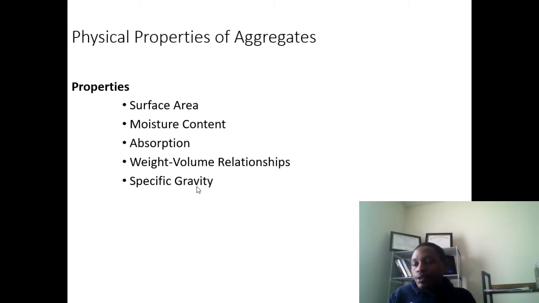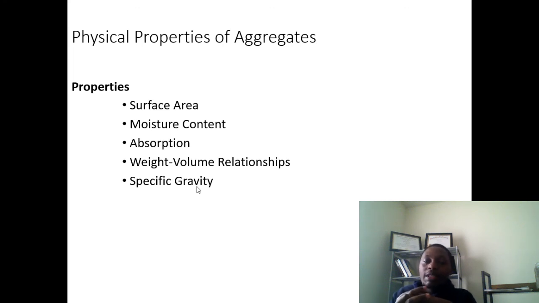If you have more surface area exposed, there's more friction from one aggregate to another, then you have more strength. The moisture content is the rate at which your aggregate is going to absorb the water, and it's related to absorption, right?